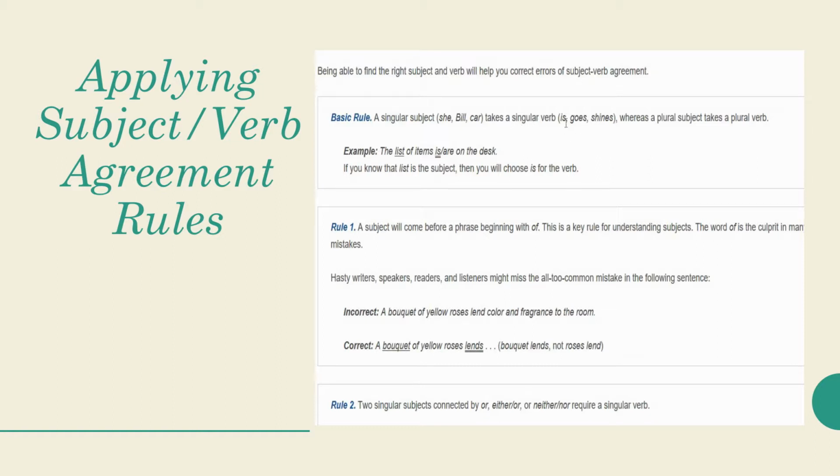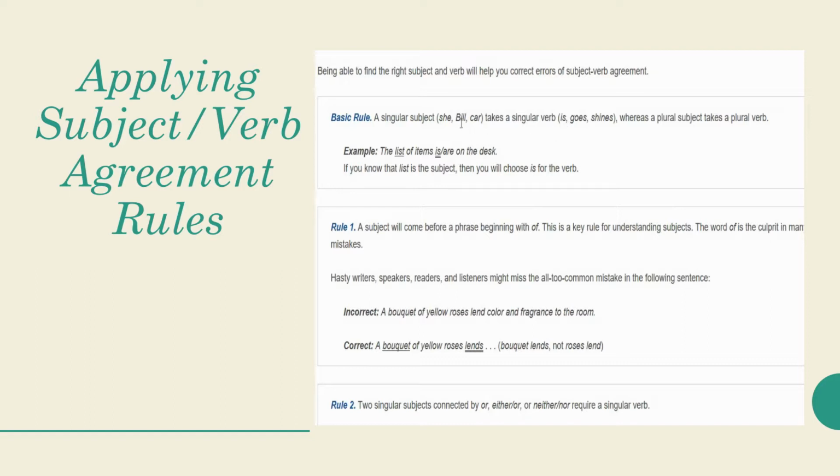So keep that in mind, that your singular verb will always have an S: singular, S for singular, S at the end of your verb. Whereas a plural subject takes a plural verb. That means that if you have more than one subject, in this case, if she was they, then your verb will not be is, but are. That's a to be verb.